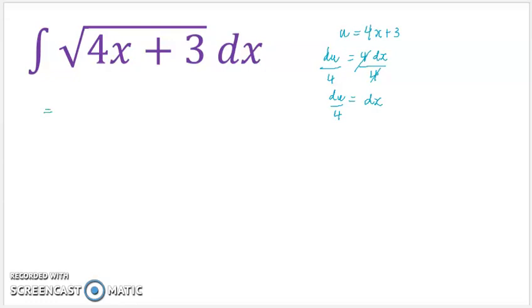So now we write our integral square root of u, then du over 4. Moving the constant in front of the integration symbol, that's 1/4. Then the integral of square root of u du.